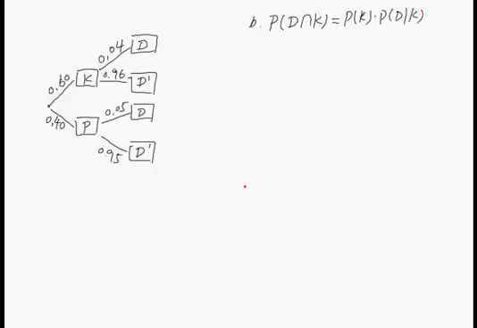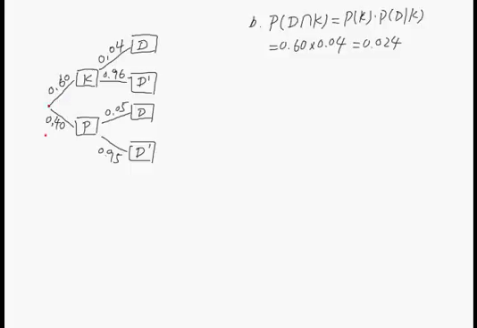Now to check the tree diagram, P of K is 0.6 and P of D given K is 0.04. So this is equal to 0.024. Actually, we just multiply these two probabilities on this name.